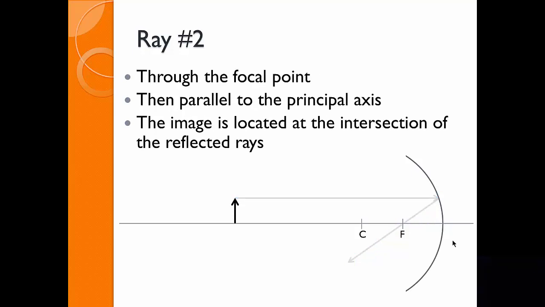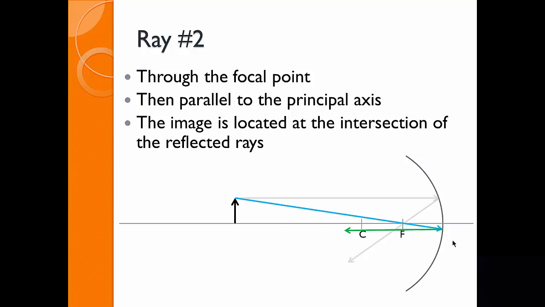The second one is similar, but it's focal parallel. In this case, the originating ray is going to go through the focal point. When it hits the mirror, it's going to bounce back parallel to the principal axis. So there the green line is parallel to the principal axis.